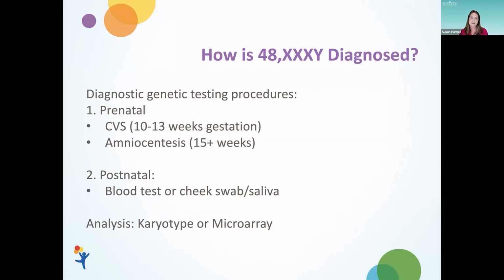And it's usually done at 15 weeks or later in gestation. And then the postnatal test that we can do is either a blood test or a cheek swab or saliva test of an individual. Either one of these samples are analyzed by a technique called a karyotype or a microarray, which is studying the chromosomes, and it's diagnostic to confirm whether or not an individual has 3XY.